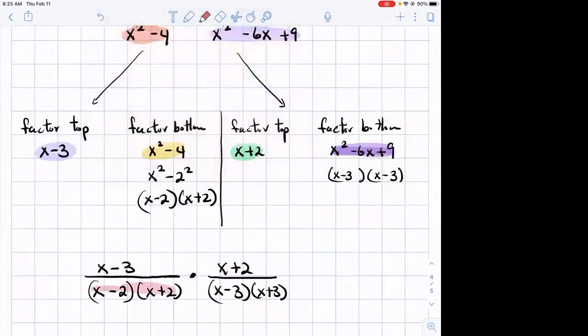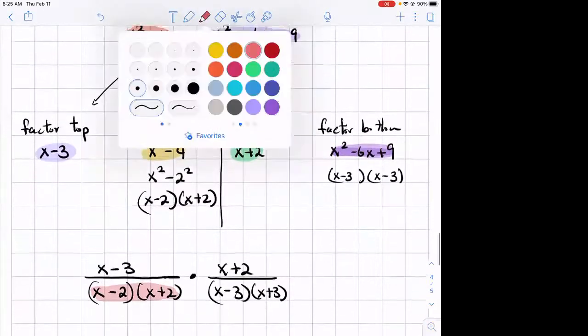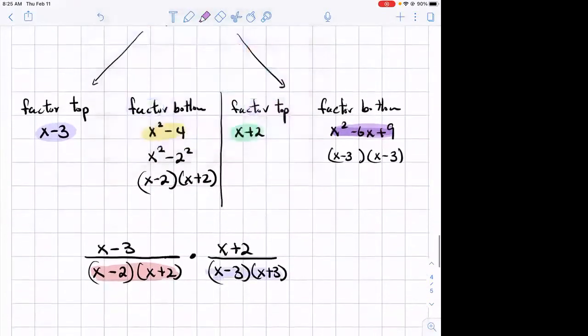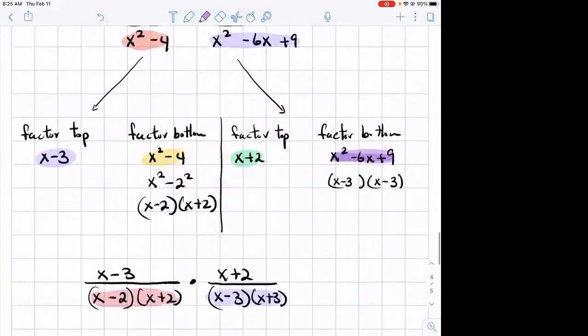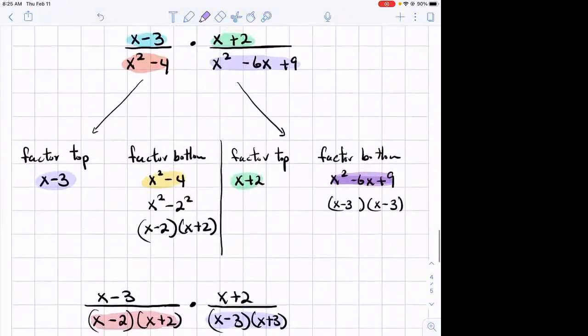I factored this, and I also factored this here. That's all I did. If you look at the two problems here, this here is the same as this here. Same problems, just one of them is in factored form.